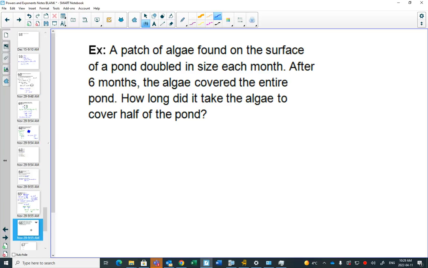Okay. So, a little patch of LJ doubles every month. It says that in 6 months, the entire pond is completely covered. The question is, how many months would it take to cover half of it?